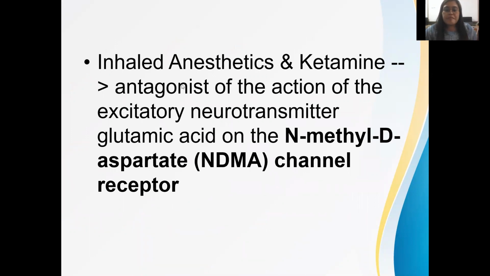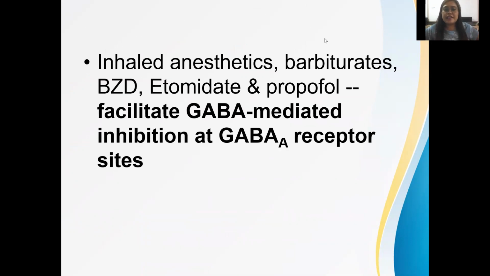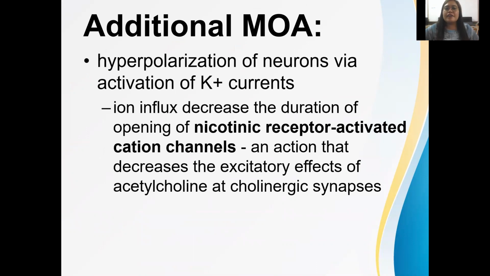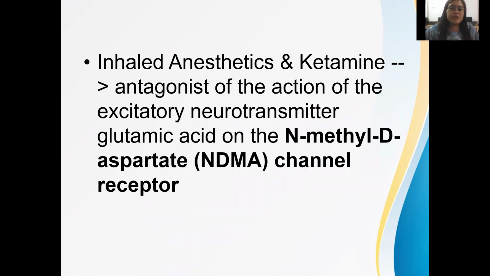Now, aside from that, class, inhaled anesthetics again. The inhaled anesthetics act on GABA, they can hyperpolarize the neurons, and aside from that, they have additional activity. This is true for inhaled anesthetics as well as for ketamine. They can also be antagonists at the NMDA receptor. This is NMDA, N-methyl-D-aspartate receptor.